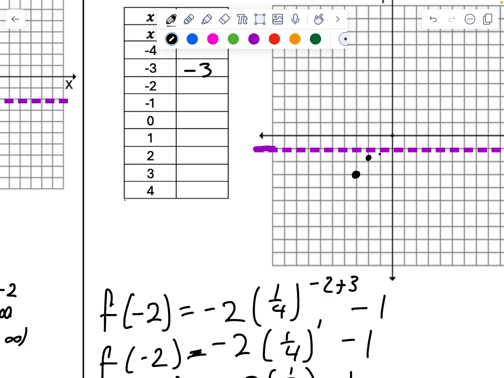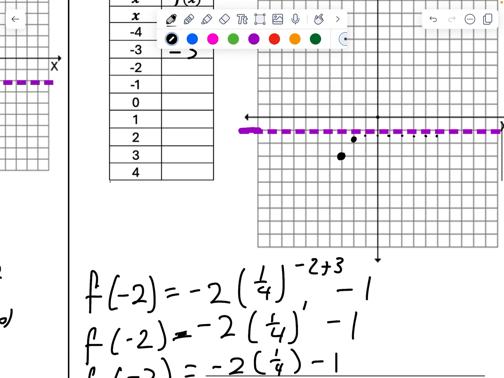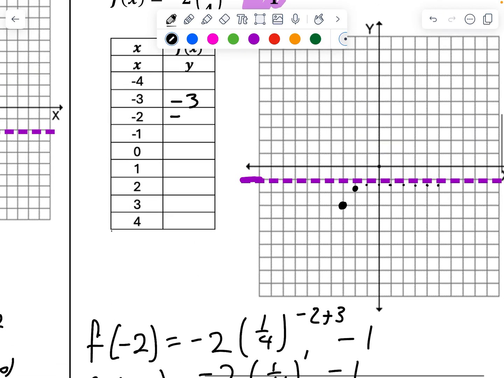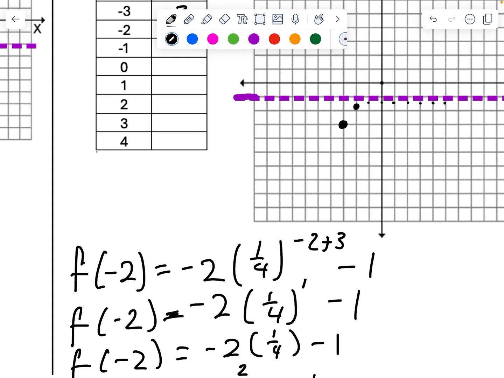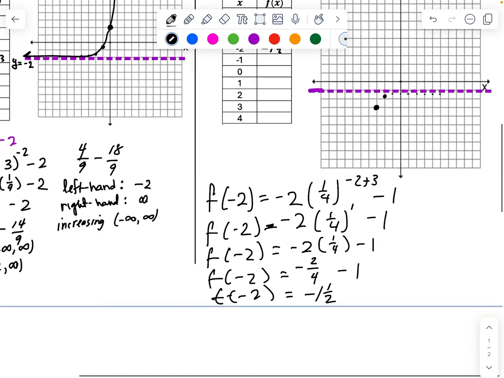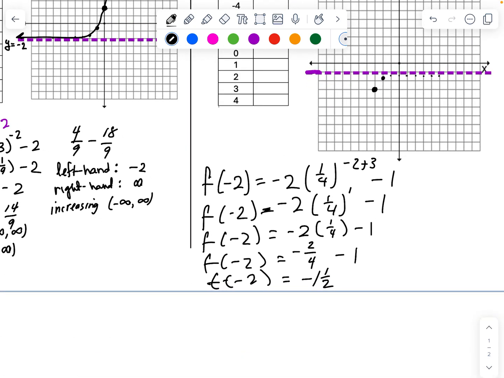And then this is going to get progressively closer and closer. So that was negative 2. Negative 2 got us negative 1 1/2. Let's do negative 4 to get another point going the other way.